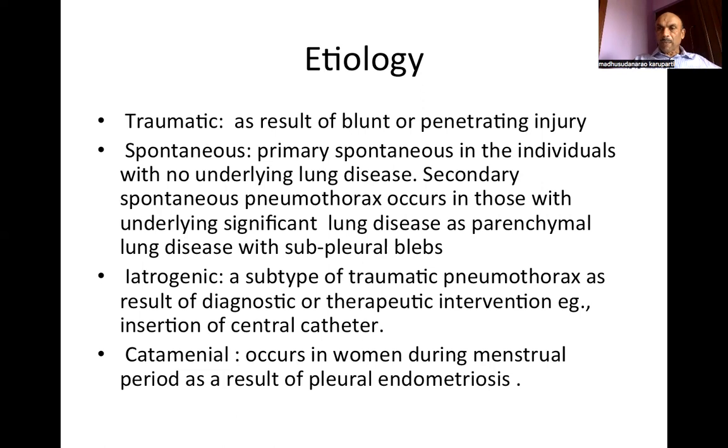Spontaneous pneumothorax could be primary in individuals with no associated lung disease. That is primary spontaneous pneumothorax, wherein there is no disease in the lungs. The secondary spontaneous pneumothorax occurs in those with underlying lung disease.